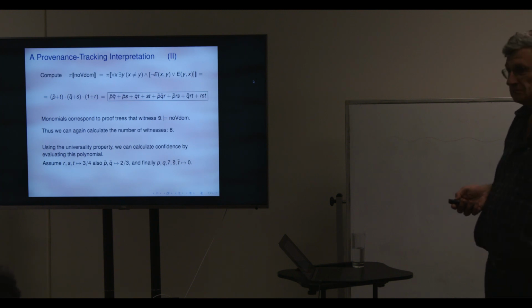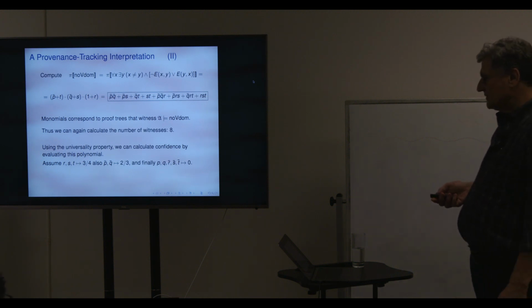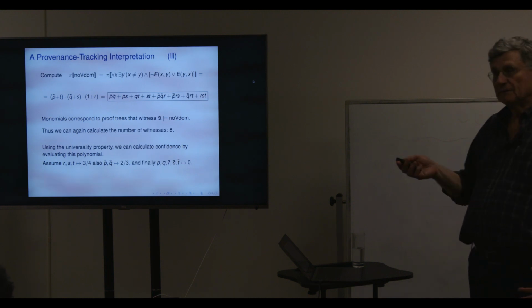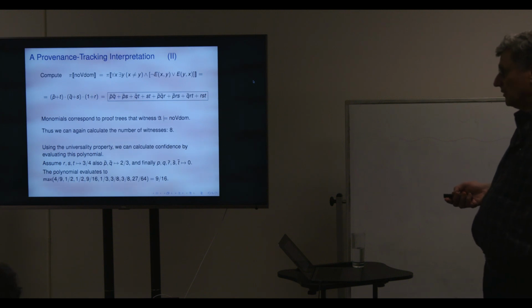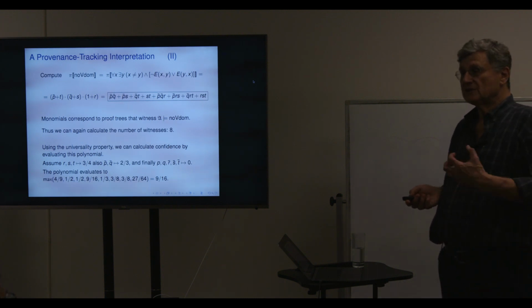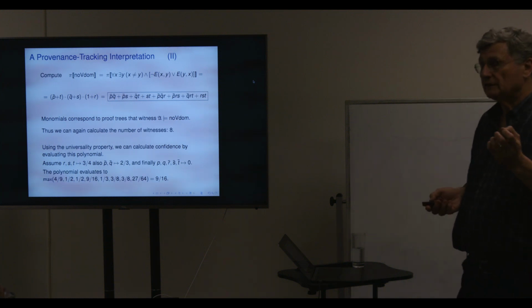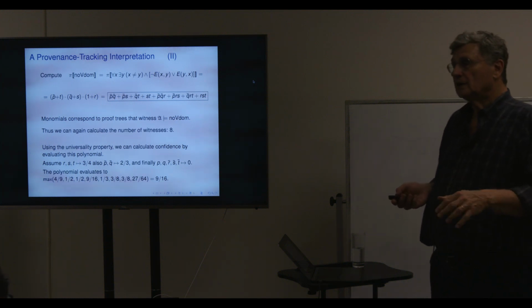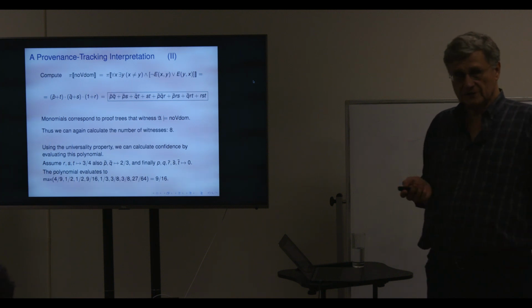There's no reason to assume related numbers. And for everything else, I have confidence 0, the ones that I'm not working with. And then you can calculate this, and the polynomial evaluates to, you see it, max and multiplication, 9/16. So whatever 9/16 is, that's the confidence that there is no dominant vertex in that model, assuming that I trust the information of the model with those confidence values.